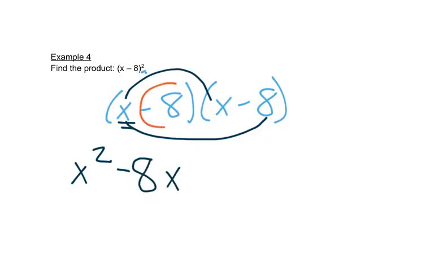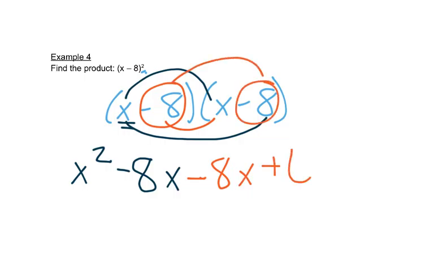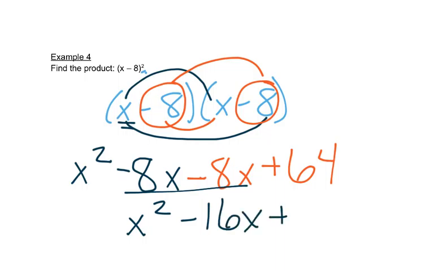Then we take this minus 8 and multiply it by this x, which is minus x. And then that minus 8 times this minus 8 gives us plus 64. Combine our like terms, we get x squared minus 16x plus 64.